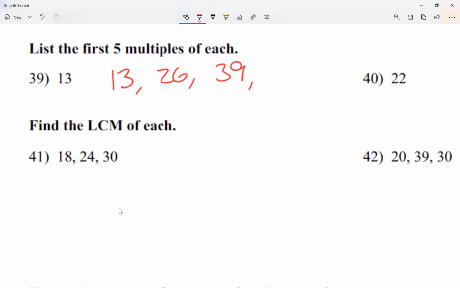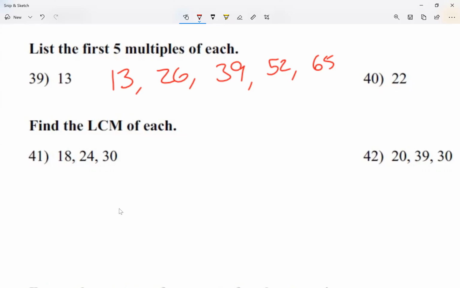All right, I start with 13, and for each additional number, I add 13 more. So you see, 13 plus 13 gave me 26, plus 13 more gives me 39. So now 39 plus 13 is 52. 52 plus 13 is 65. There's my first 5 numbers on my list.